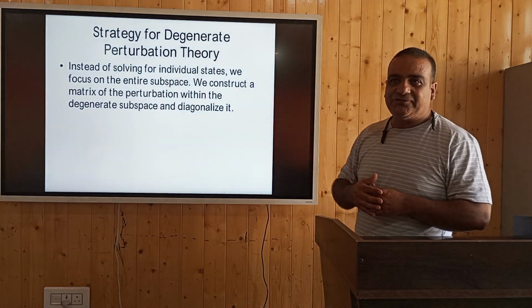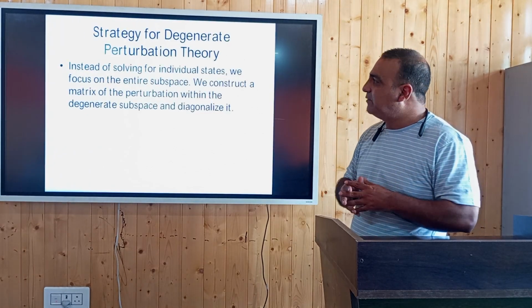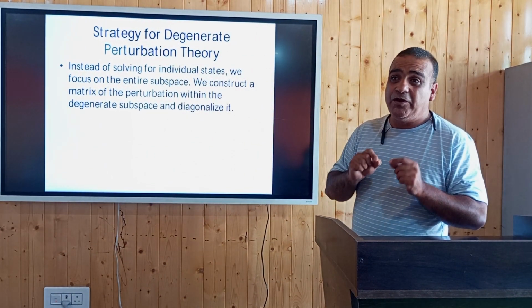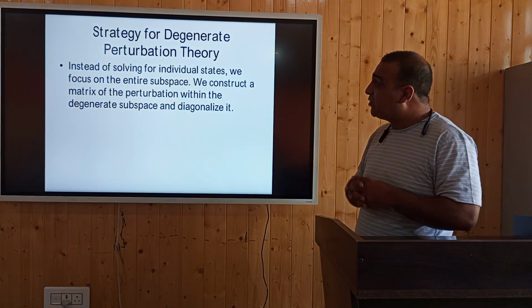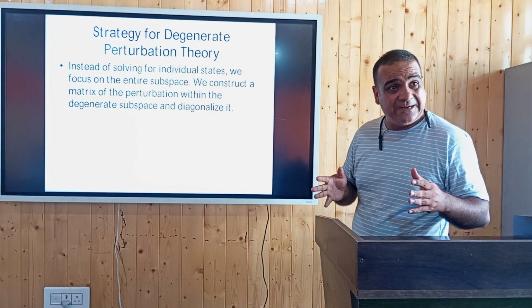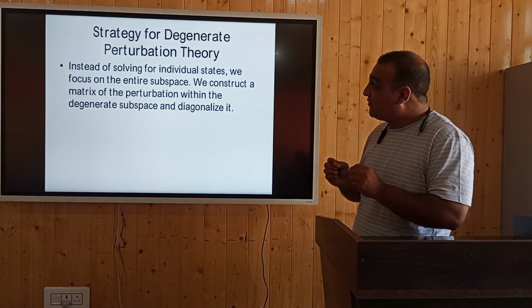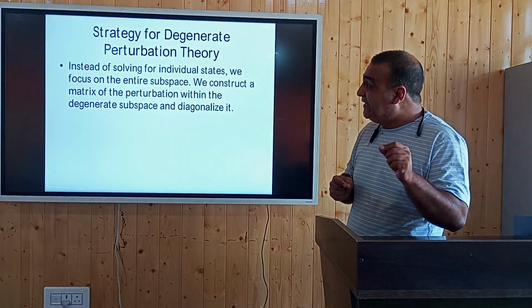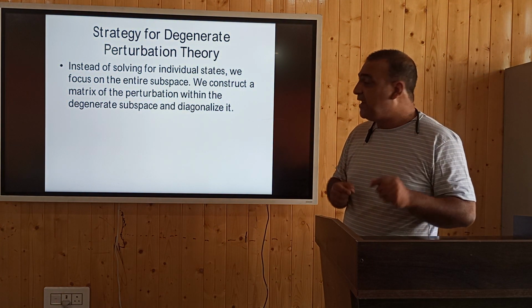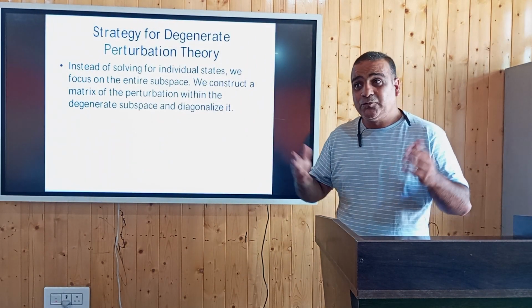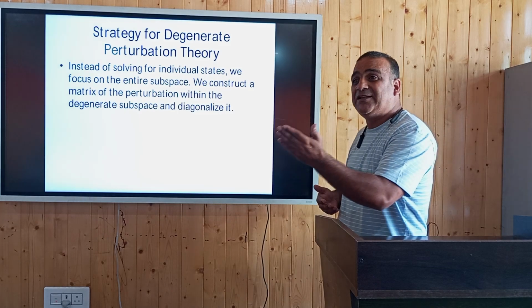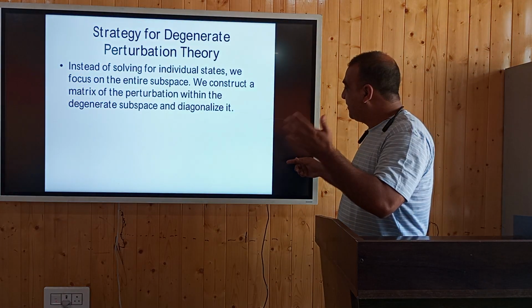So what's the strategy to solve this problem? Instead of solving for individual states as in the non-degenerate case, we focus on the entire subspace. We construct a matrix of the perturbation within the degenerate subspace, and then we diagonalize it. Once we diagonalize it, we are able to calculate the discrete values of energy eigenvalues.